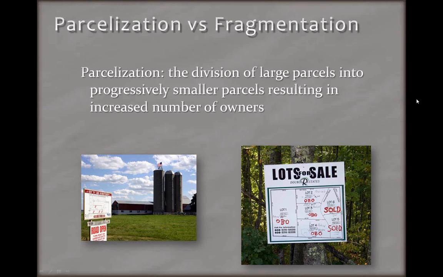It's through parcelization that the land itself and the resources are consumed and packaged for retail consumption as real estate. This phenomenon isn't new. It's been going on for a long time, but it can have profound effects on the economics of a rural area and the ecology as well, and we'll get into that.